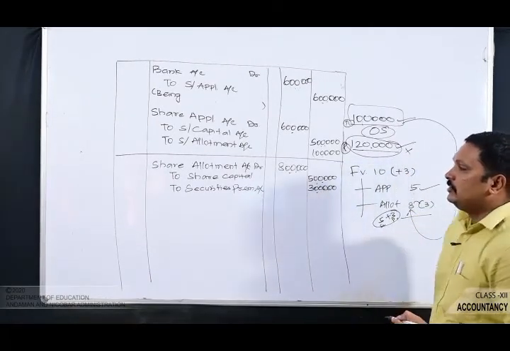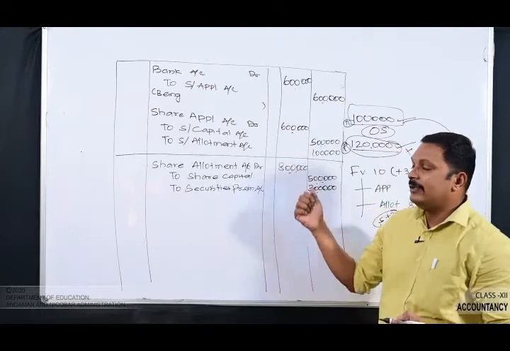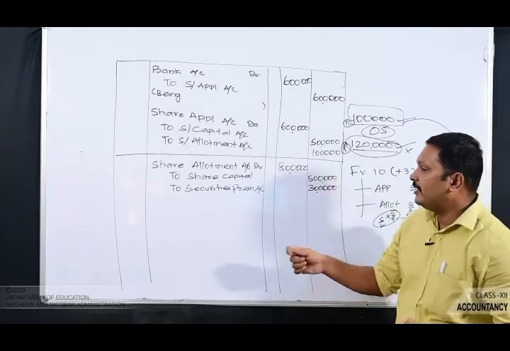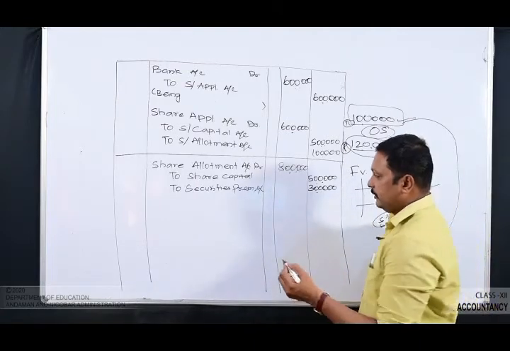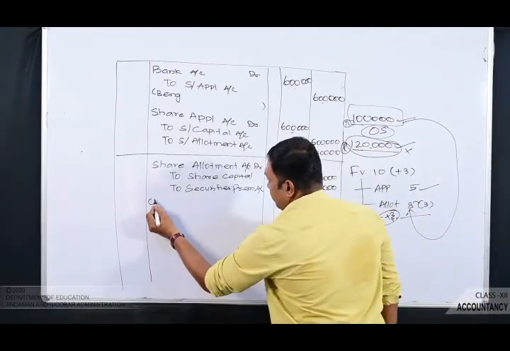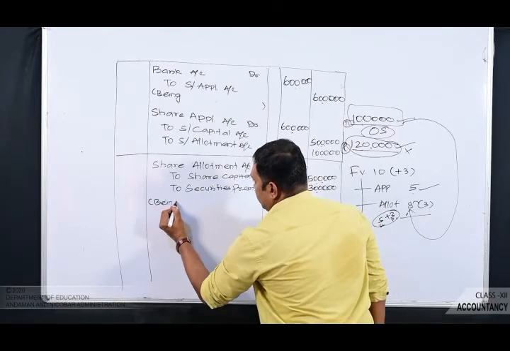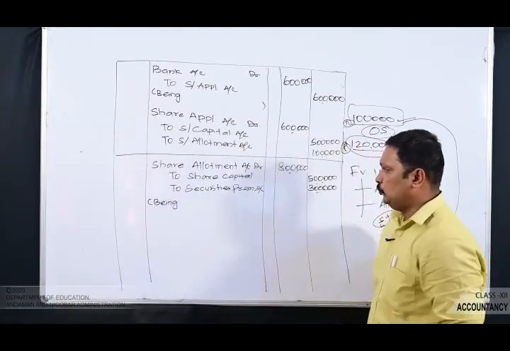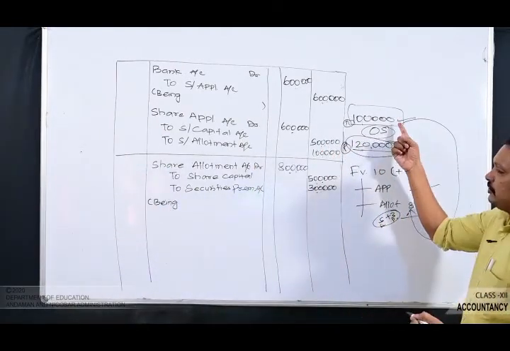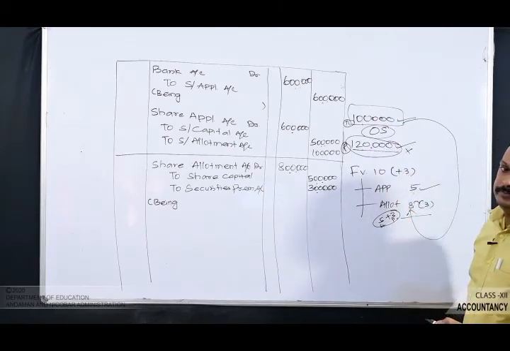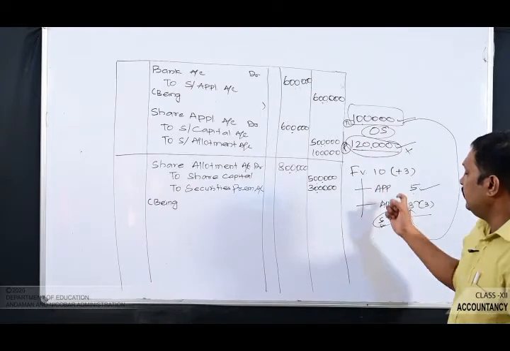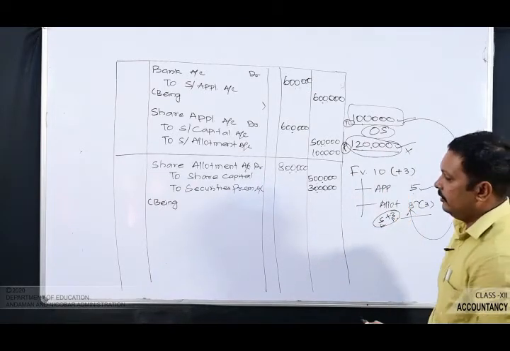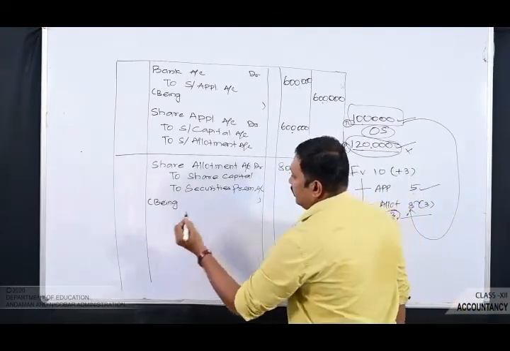So the entry is share allotment account debit 8 lakh to share capital 5 lakh and securities premium 3 lakh. Clear? So being share allotment money due on 1 lakh shares with premium of rupees 3. Right? You write the narration like that.